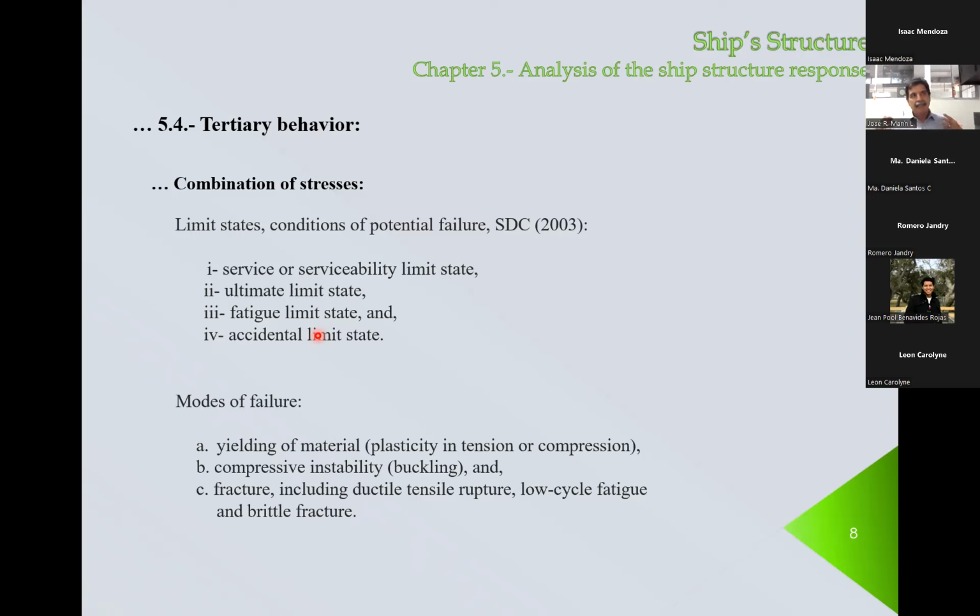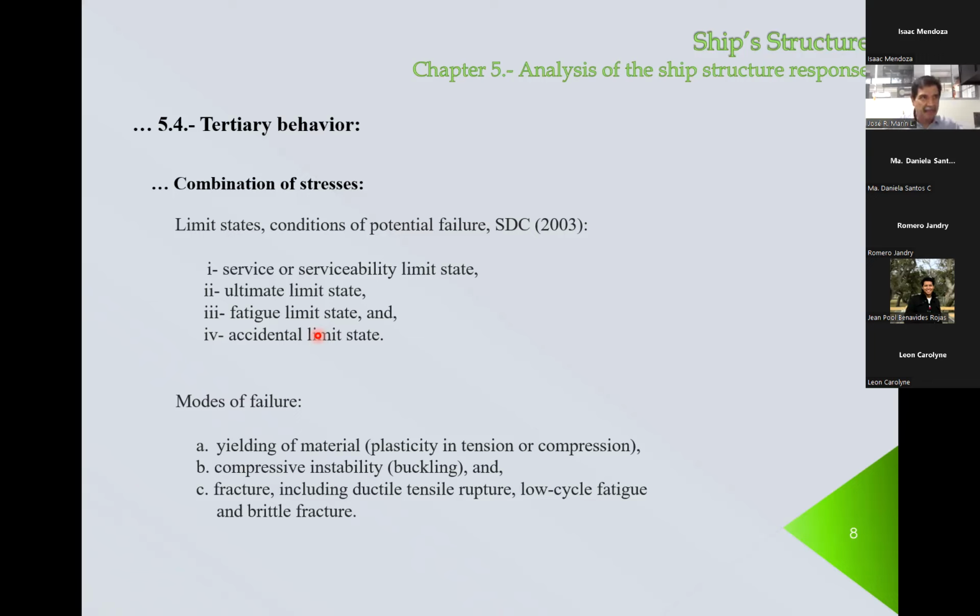Okay, now, how can failure occur? There are many authors and there are many opinions. This is just something I took from Ship Design and Construction. They consider that there are three ways that the structure can fail. One is because of yielding.